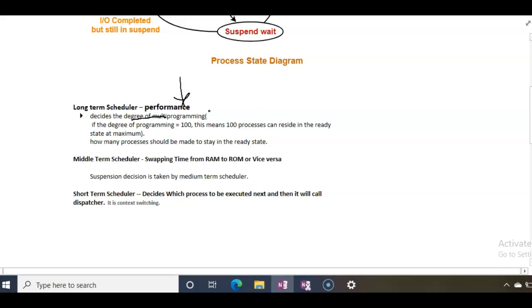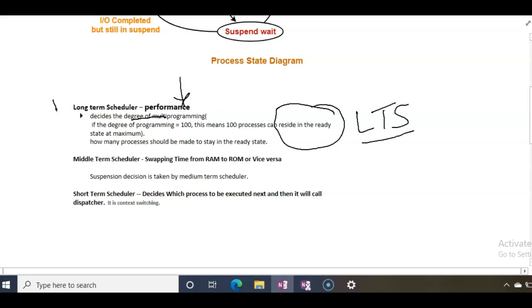It means if your degree of multi-programming is 100, then at that time 100 processes can reside in your ready state. So how many processes should reside in the ready state, the long-term scheduler decides that.